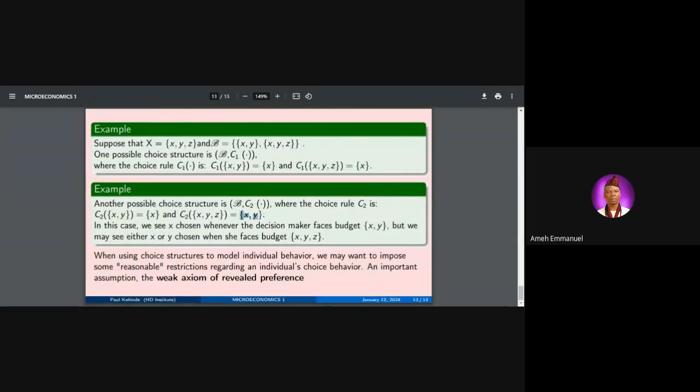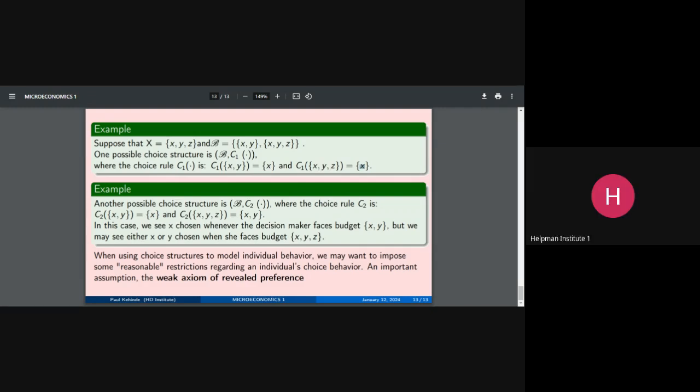My question is, where you have the choice rule C1, which is C1 of X, Y equals X. Can that be Y instead of X? If here is Y, and here is also Y, yes.